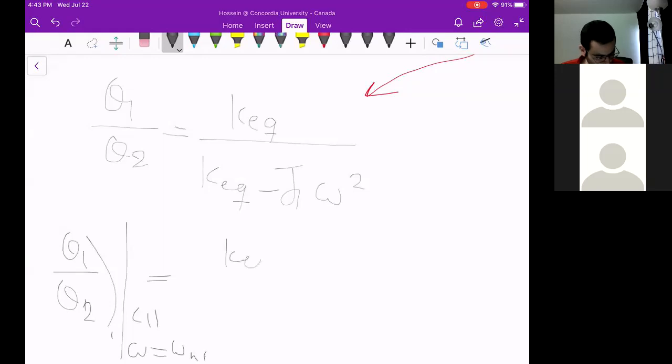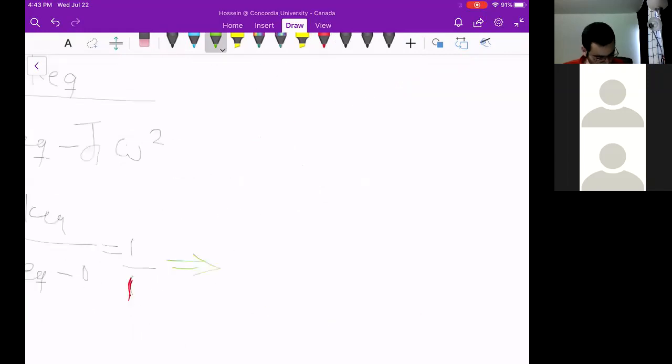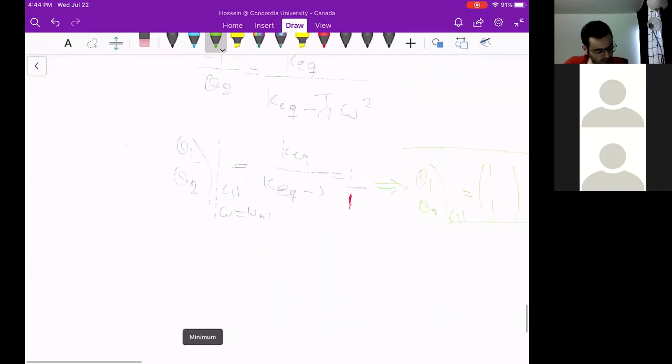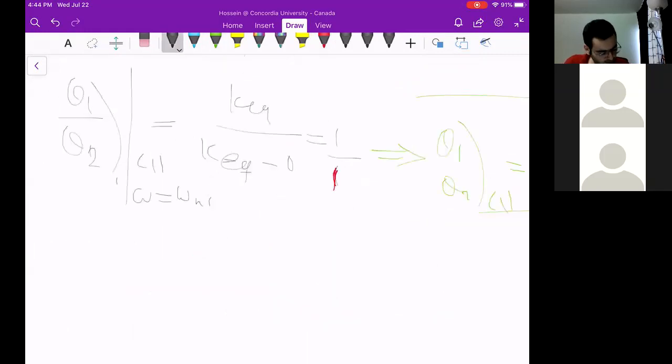So K minus 0 would be K, and you can give a denominator K, so you could say the first mode is 1.